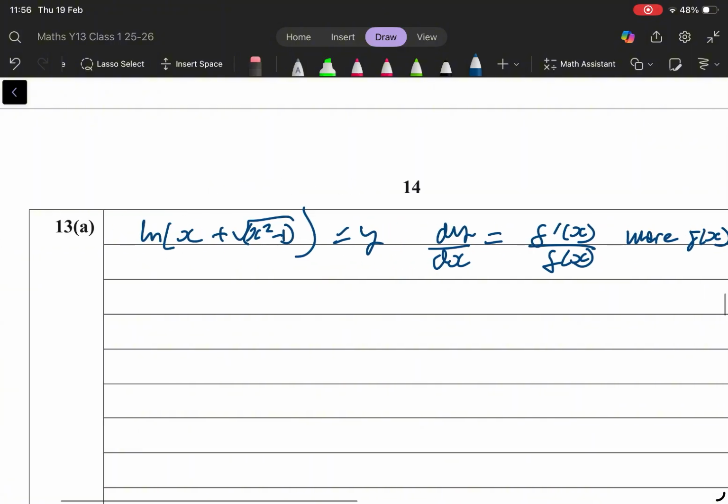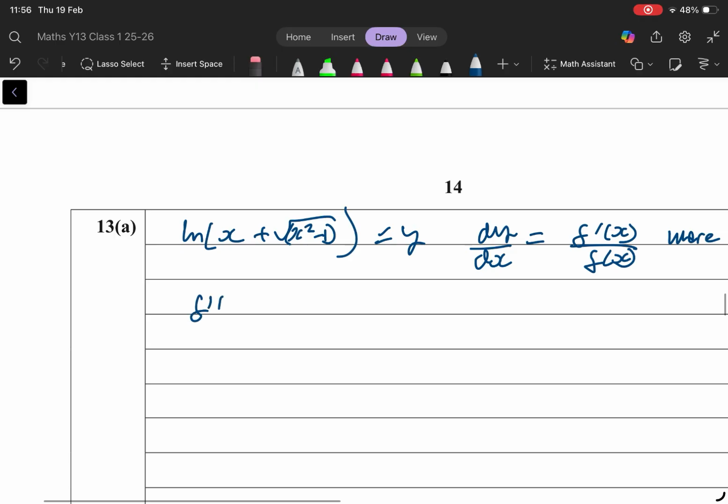So that's going to give us f prime of x equals 1 plus, so x squared minus 1 to the half plus x equals f of x.